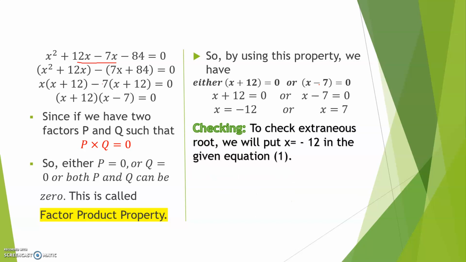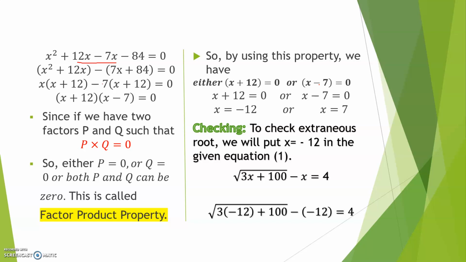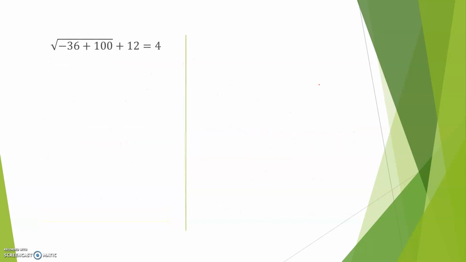Now we have to check for extraneous roots. To check extraneous roots, we will put x is equal to minus 12 in the given equation 1, that is square root of 3x plus 100 minus x is equal to 4. By putting the value of x, we get square root of 3 into minus 12 plus 100 minus into minus 12 is equal to 4. After simplifying, we get square root of minus 36 plus 100 plus 12 is equal to 4, that is square root of 64 plus 12 is equal to 4.